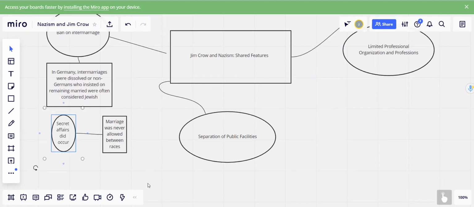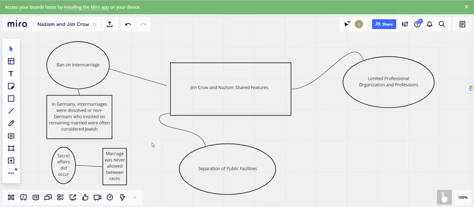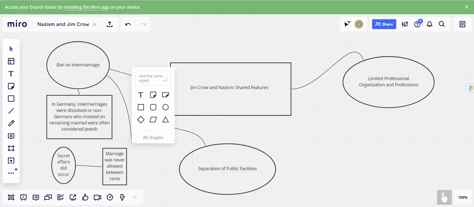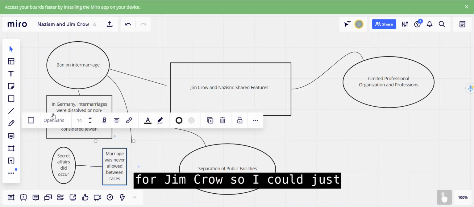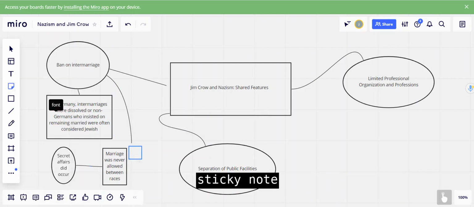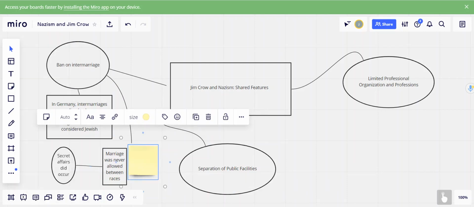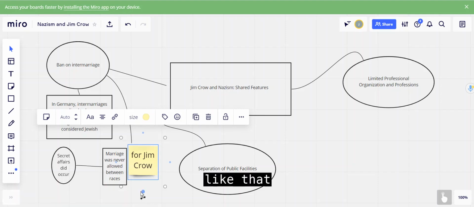So we can start to make connections. Then again, this is going to be in the Jim Crow system, and I should specify that, so I could just put a sticky note in for Jim Crow, something like that, because I forgot to mention it over there, right?